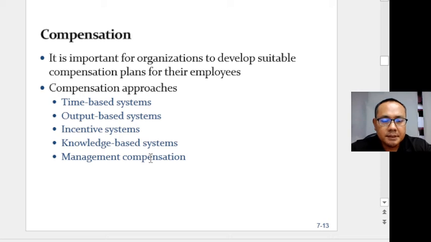Yes, compensation is important. Some of the subtopics here relate quite closely to the human resource management aspect. Compensation is very important. Make sure that our workers feel safe in terms of their contribution.